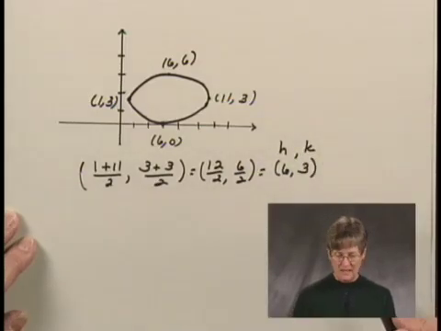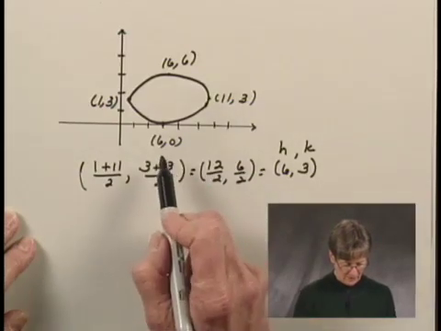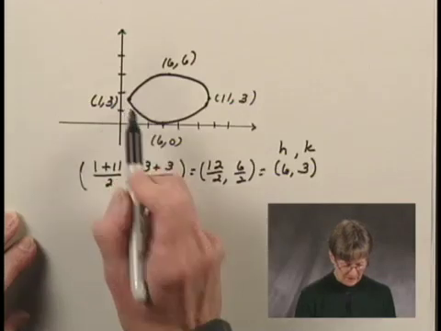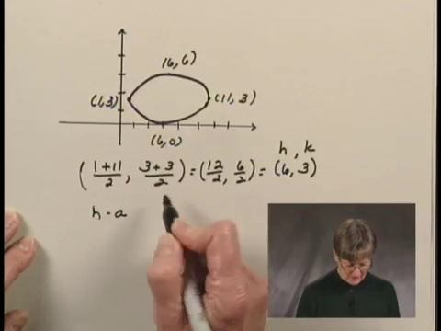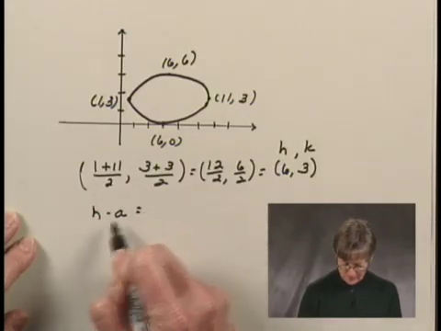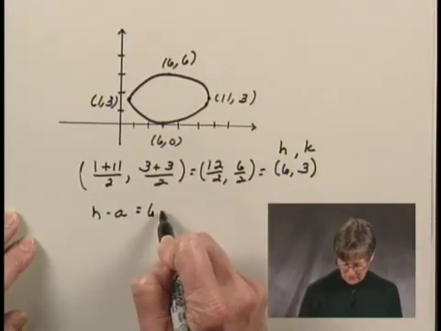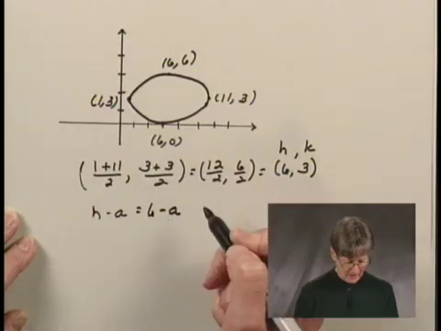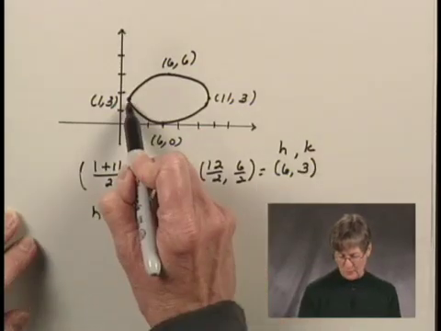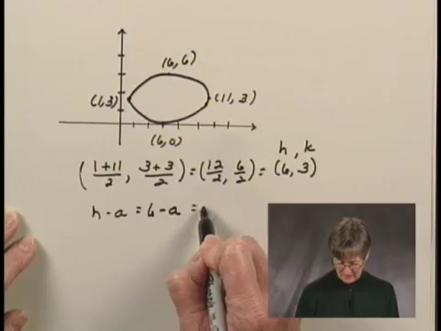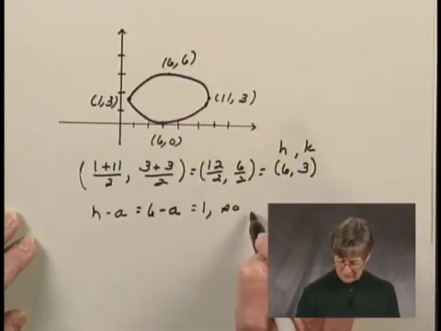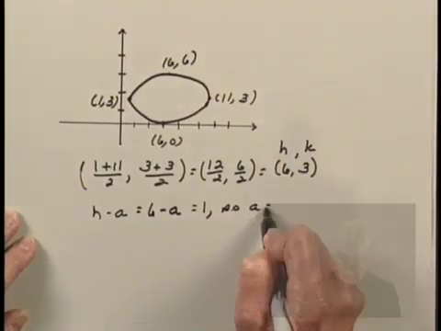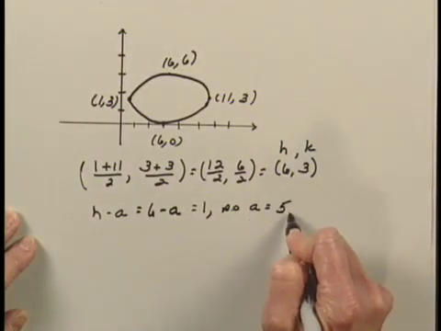Now we also need to find a and b. The fact that we have a vertex on the left here that's (1, 3) tells us that h minus a, substituting 6 for h, is equal to 6 minus a. And we know that 6 minus a is 1, the first coordinate of this vertex. So if we solve 6 minus a equals 1 for a, it tells us that a is equal to 5.